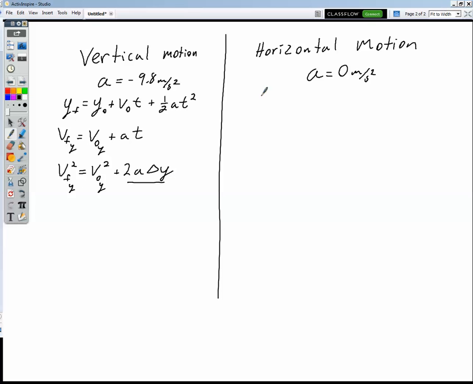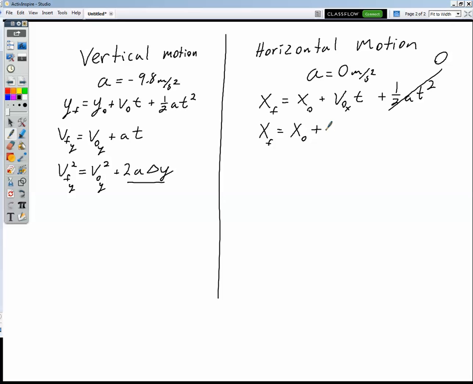So the only equation that means anything horizontally is x final equals x naught plus v naught in the x direction times time plus 1/2 a t squared. And again, since the acceleration is 0, that term is 0, so we really end up with only one kinematic equation to use for the horizontal part of the velocity.